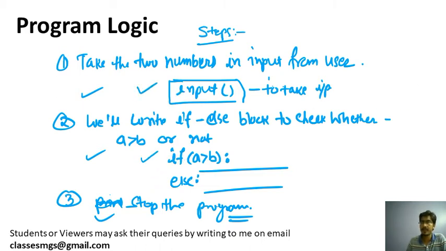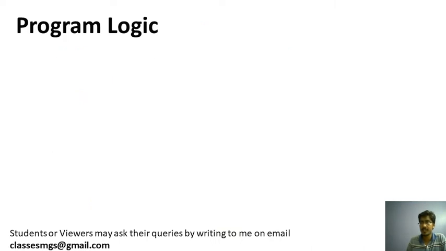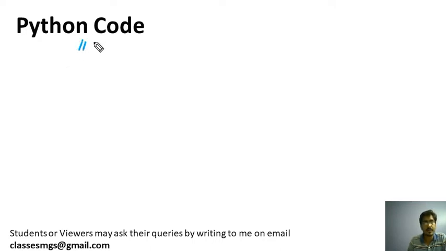Okay, now I will try to write the Python code. See here, we will take two numbers as input. This is the symbol that we use to comment: take two numbers from user.